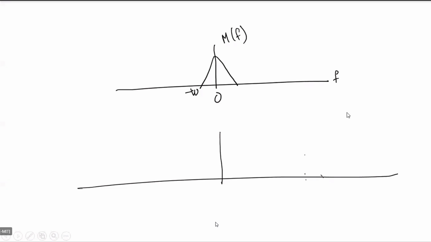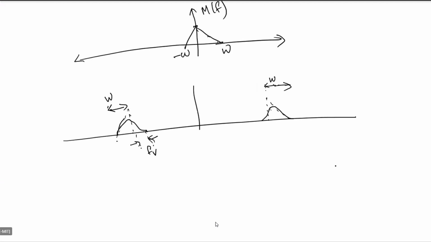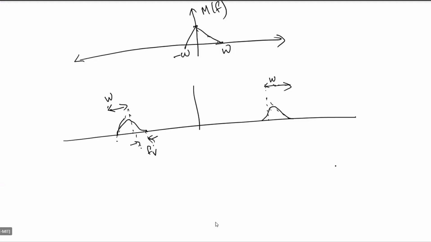So if this is a message signal, after the VSB modulation, the spectrum will look like this. This will be the message spectrum. This is W plus a vestige FV.